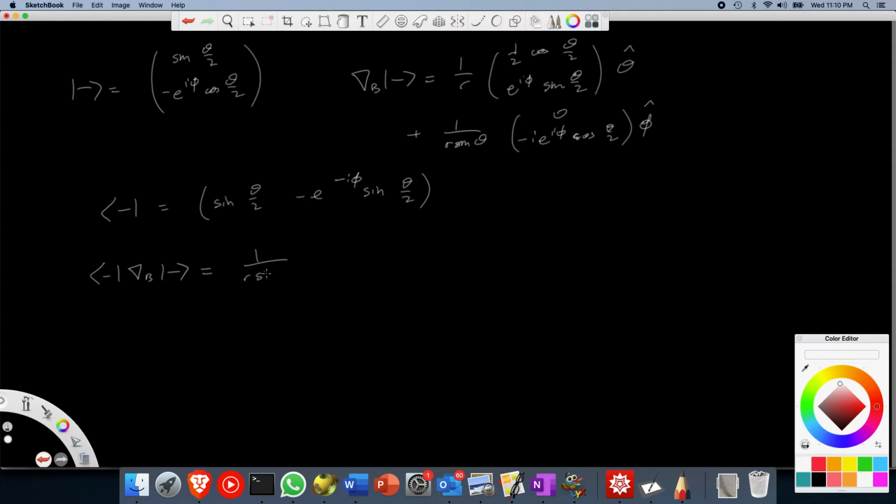We get a very similar expression to that of the plus eigenstate, but instead of sine squared, it is cosine squared.